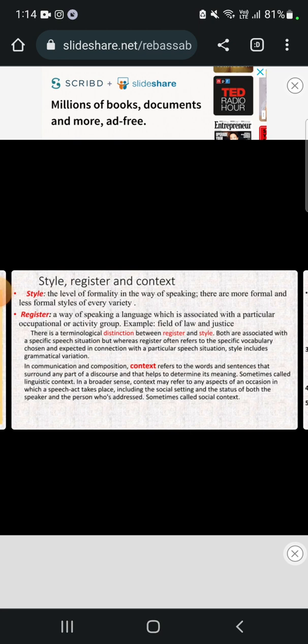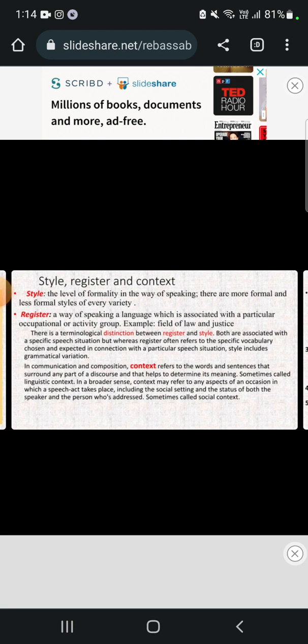And what is context? It refers to the words and sentences that surround any part of discourse that helps to determine its meaning, sometimes called linguistic context. In a broader sense, context may refer to any aspect of an occasion in which a speech act takes place.